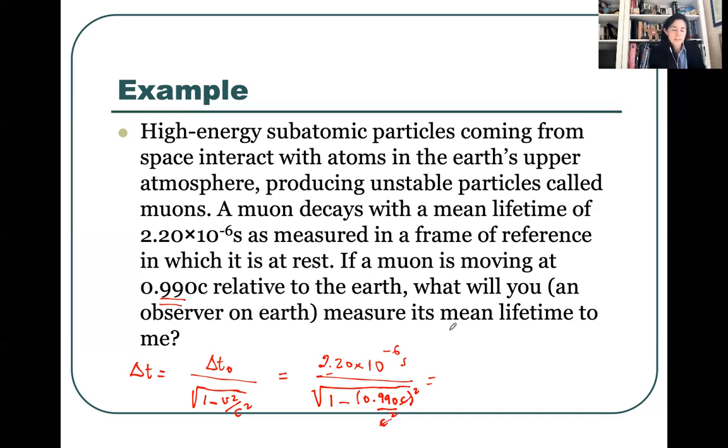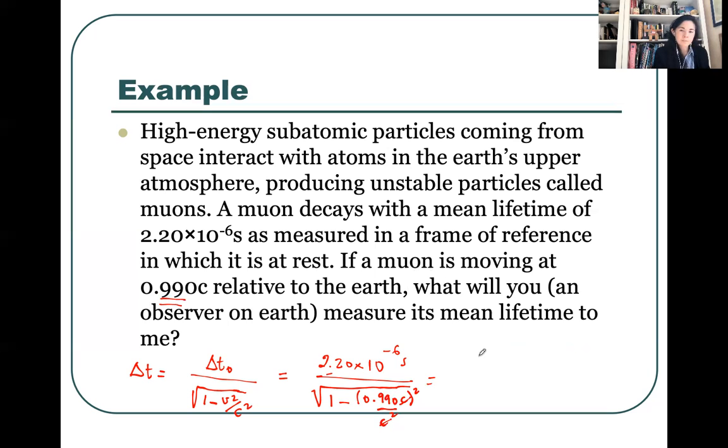So we take our calculators and we take 2.2 times 10 to the negative 6, which as you can see is actually very short, and we divide that by the square root of 1 minus 0.99 squared.